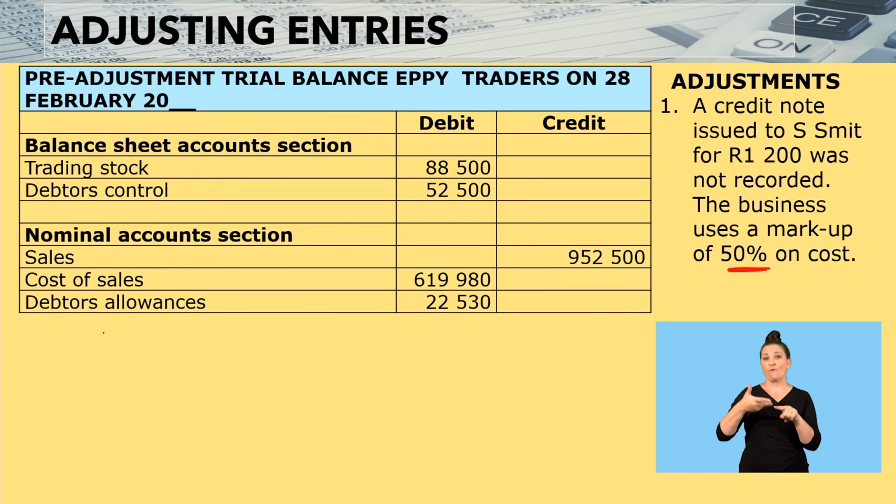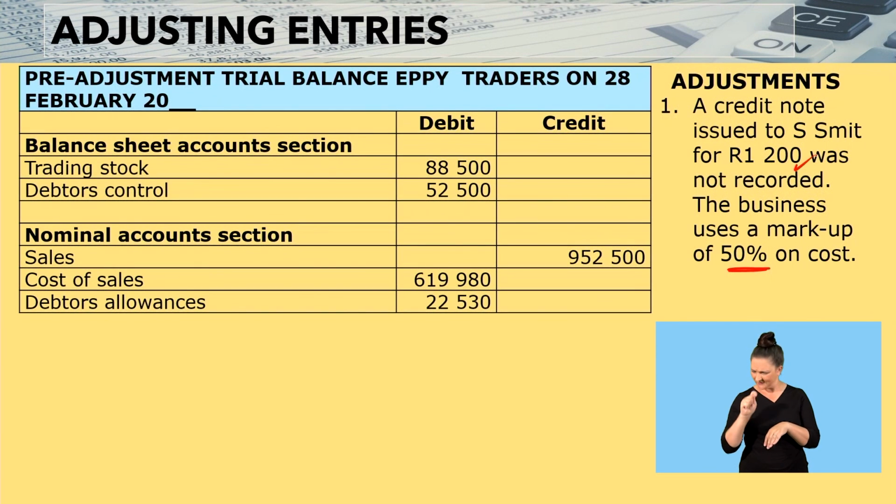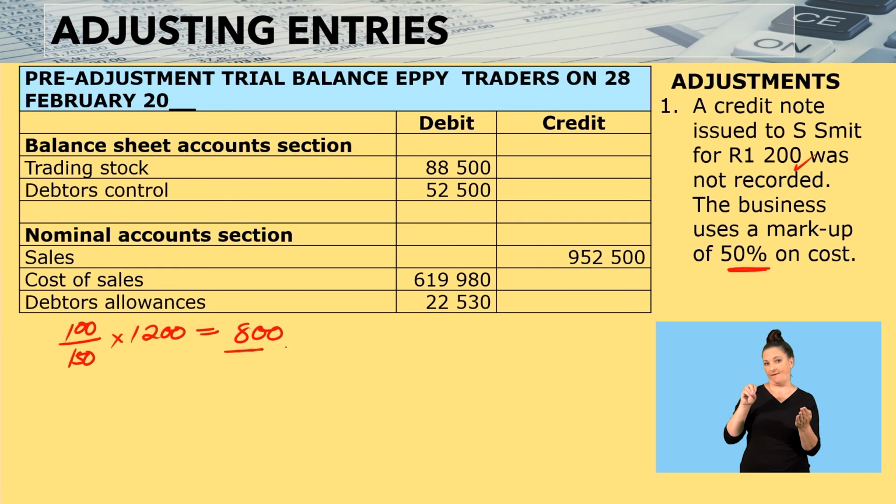Now, we need to calculate the cost as well, so that we adjust for the 1,200 as well as the cost. In order for us to get the cost, we would say 100 over 150 multiplied by 1,200. If you punch that in your calculator, you will get 800 rands.